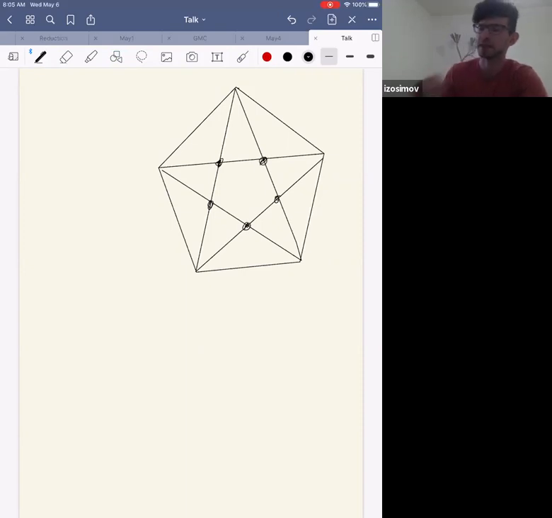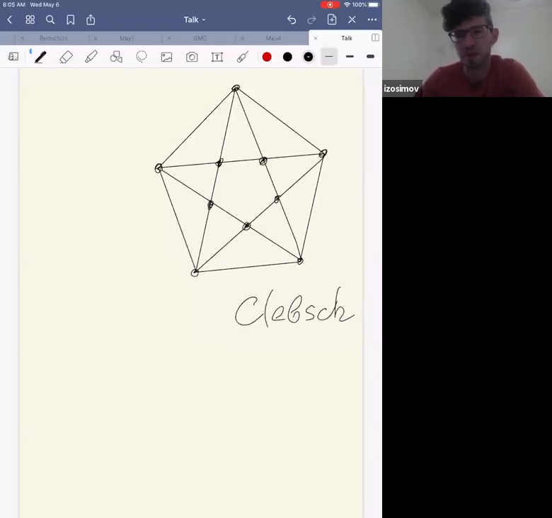And one may ask if this new pentagon is somehow related to the initial one, and it turns out that it's indeed the case. It's a result that's apparently due to Clebsch. It could have been known earlier, though, but this can be found in some paper by Clebsch.